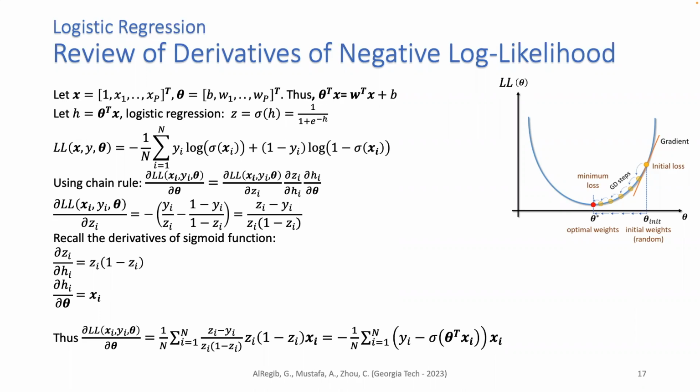Now, the next term, I have the sigmoid. zi is my sigmoid. It has a very specific feature, and we'll revisit this in neural networks as well, in the back propagation part. So the partial derivative of zi with respect to hi, right? What is my zi? zi is 1 over 1 plus e to the negative hi, right? So now, you take that derivative in here, and there are multiple ways to do it.